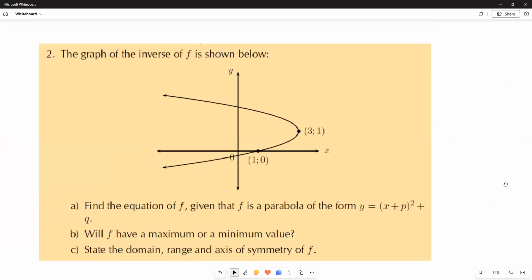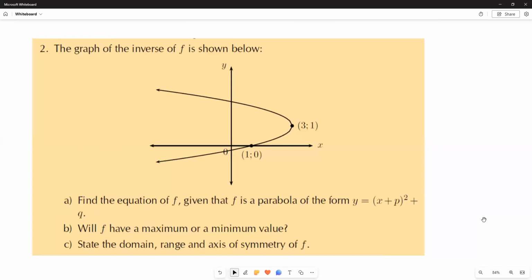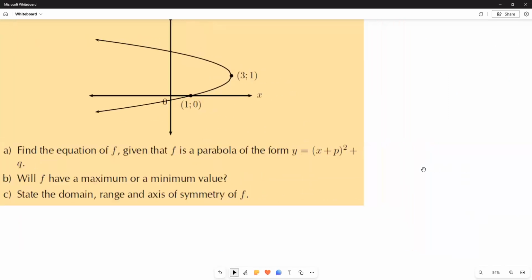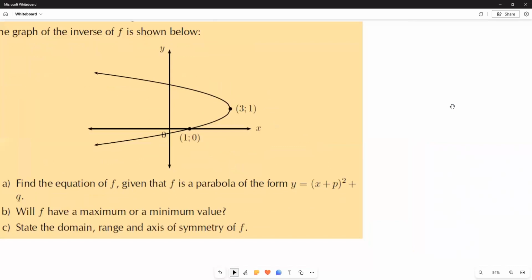Okay, on this question, they want us to determine the equation of f if they give us the inverse. So this is the inverse of f. Okay, sharp. And then they want us to give the equation of f in turning point form. Remember the turning point form, it's y equals a(x + p) squared plus q, right?